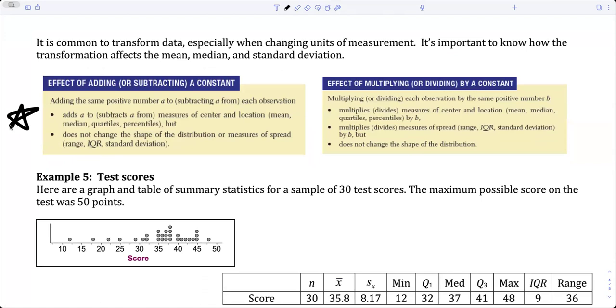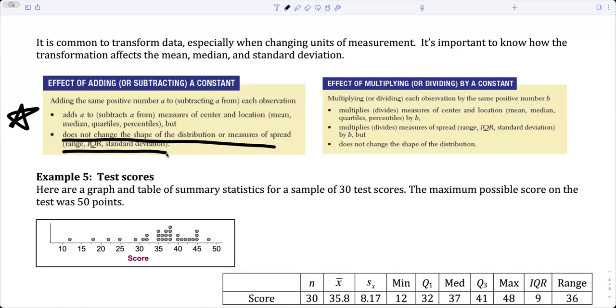The effect of adding or subtracting a constant. Adding the same positive number or subtracting that from each observation will change the center and location, but it does not change the shape of the distribution or measures of spread. Okay, that is the important thing to know.